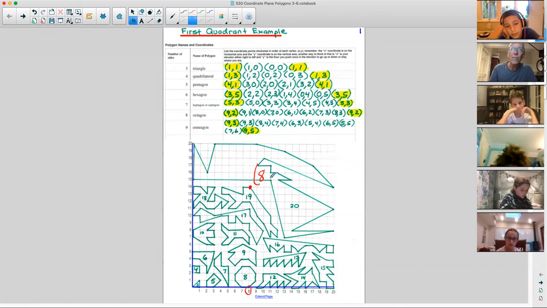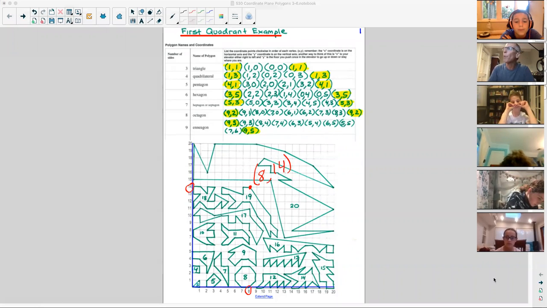So that's my x value. Get in the elevator and hit what floor? 14. And so I go right to the point (8, 14).